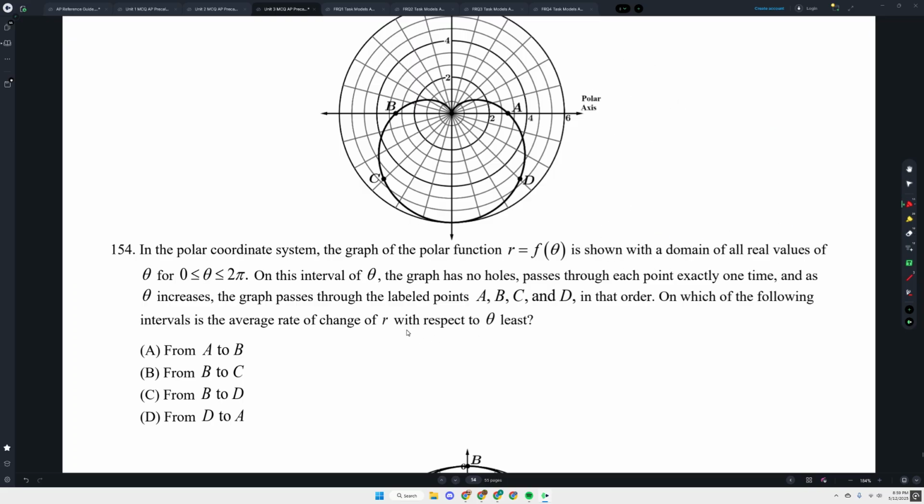So now, answer this last question. There's one more minute. Trying to find where the average rate of change of R with respect to theta is the least. Oh, I can make a poll. You can graph this one.